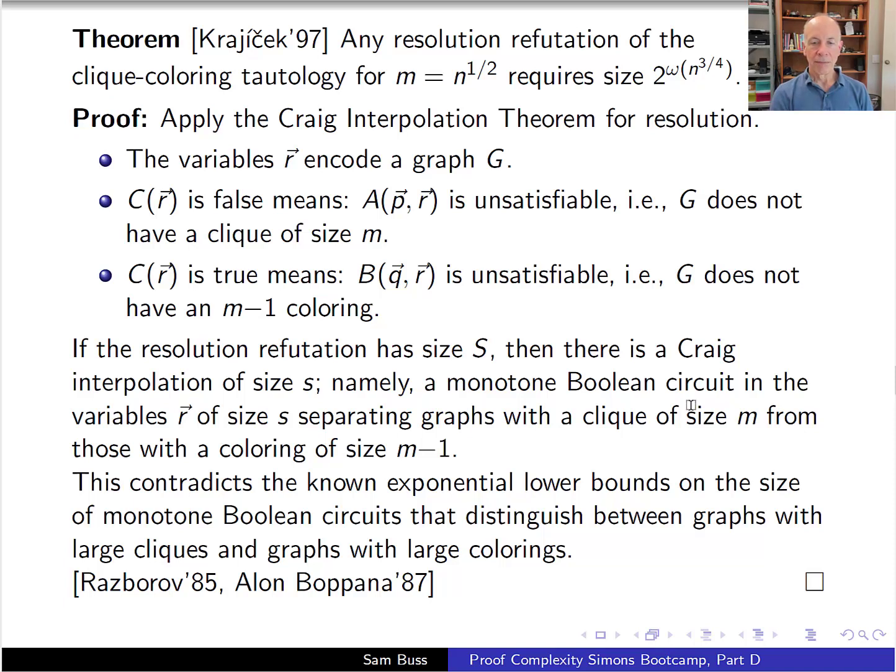But on the other hand, we know from results of Razborov and strengthened by Alon-Boppana that any monotone Boolean circuit that distinguishes between graphs with large cliques and graphs with large colorings must have exponential size. So it follows immediately then that the resolution refutation must have exponential size. And that's the sketch of that proof.